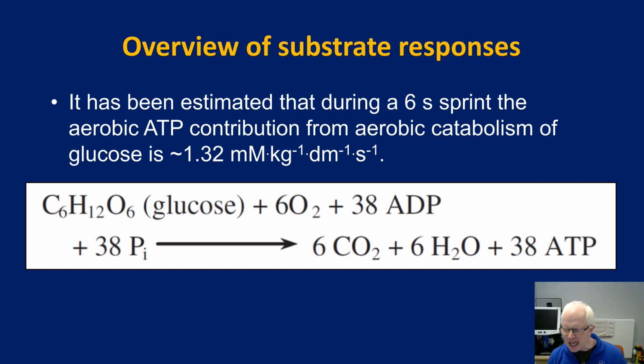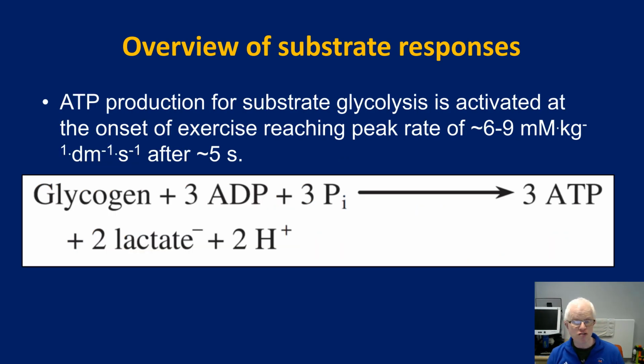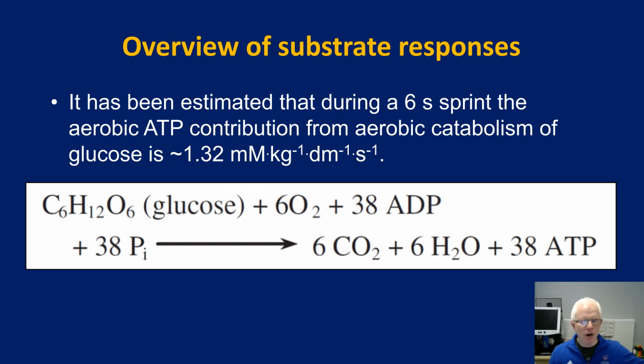But let's take 38 ATP compared to just 3 ATP. So the amount of energy you can derive from substrate level metabolism of glucose aerobically is over 10 times more per molecule of glucose than you would derive anaerobically.